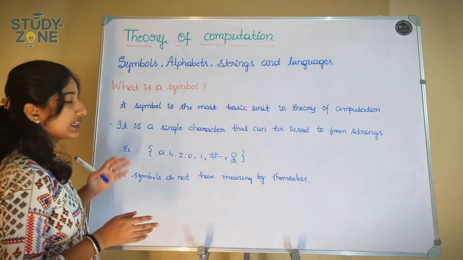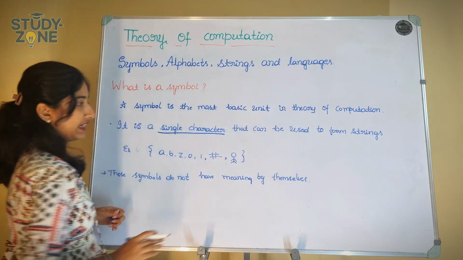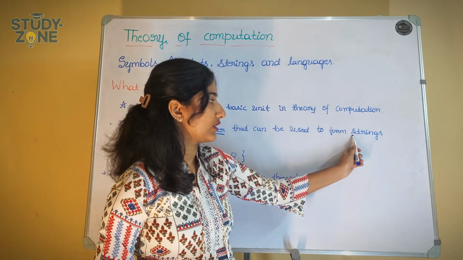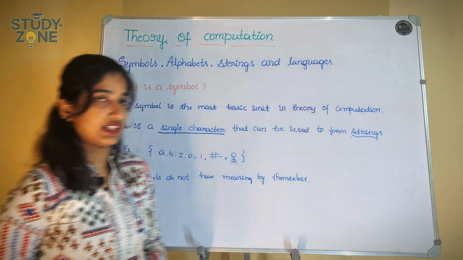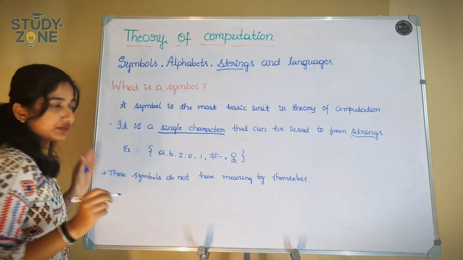And it is a single character. Remember this one, it is a single character that can be used to form strings. So here we have strings, and this is what we are going to discuss next.